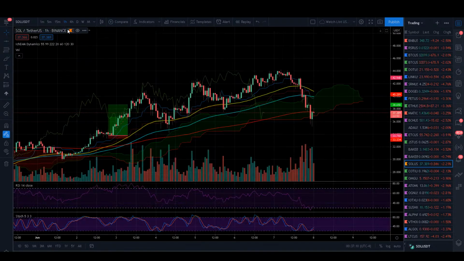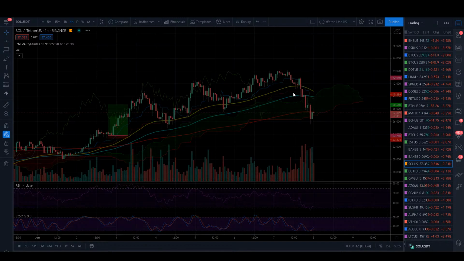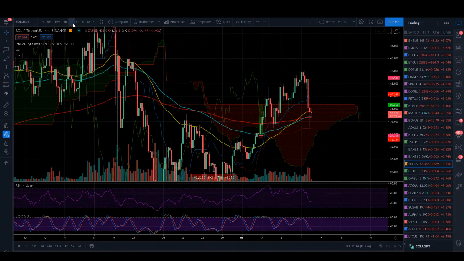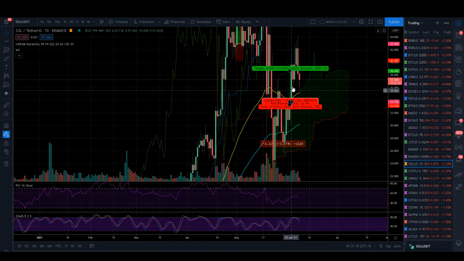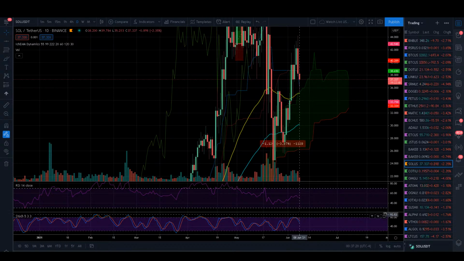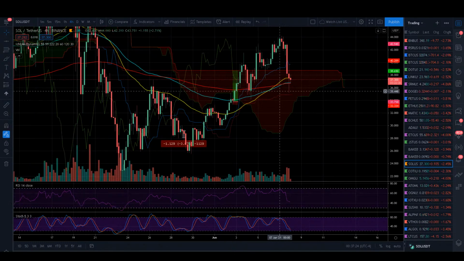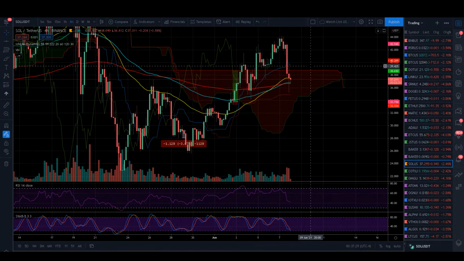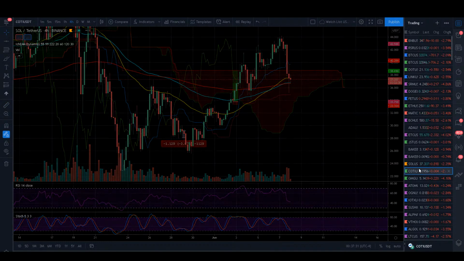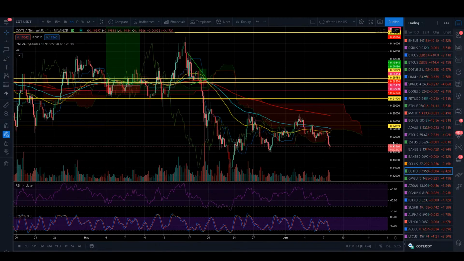This is what I like about Sol here on the 4 hour. See the daily, right? The daily is at the top of the cloud for really strong support, but it's also just starting to turn down. So that's why I'd be more standoffish now. If you get in, yeah, that would be worth it. But because the daily is so high, I'm better off just staying out of Sol for now.